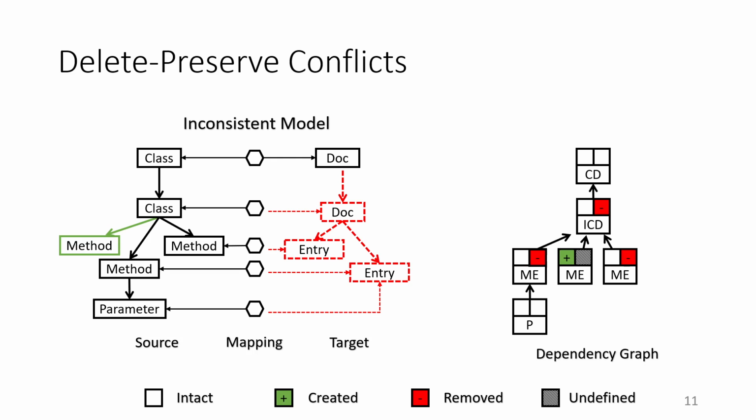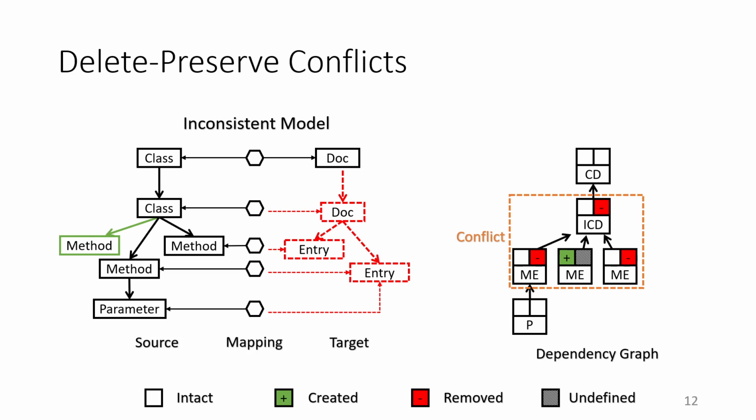And note that the addition of the method is also represented in our dependency graph, where we see that the source elements have been added anew, but we do not have elements on the target side yet. What we found out is that we can use our dependency graph to detect this kind of conflict very easily by simply taking the node where elements have been added.